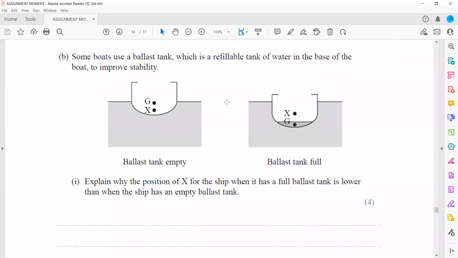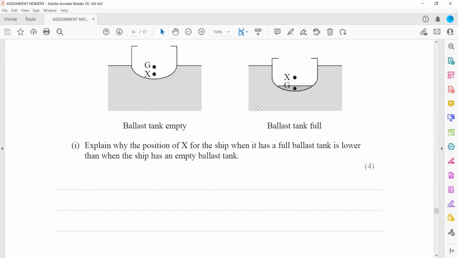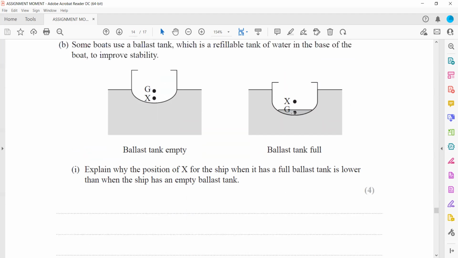So in part B, some boats use a ballast tank, which is a refillable tank of water in the base of the boat to improve the stability. Explain why the position of X for a ship when it has a full ballast tank is lower than for a ship which has an empty ballast tank.